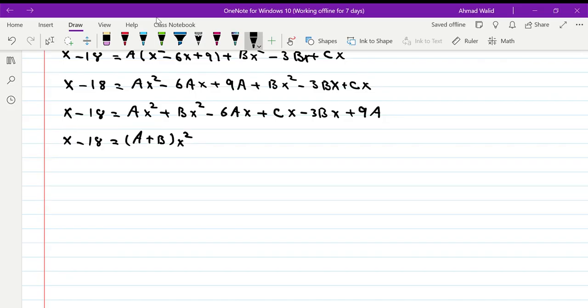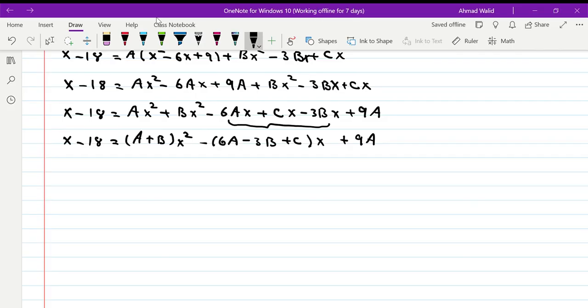Here between these three terms, factor out x: minus 6a minus 3b plus c times x, and plus 9a. Why are you doing this? Because you are comparing the right side of the equation to the left side of the equation and you equate the coefficients with each other.